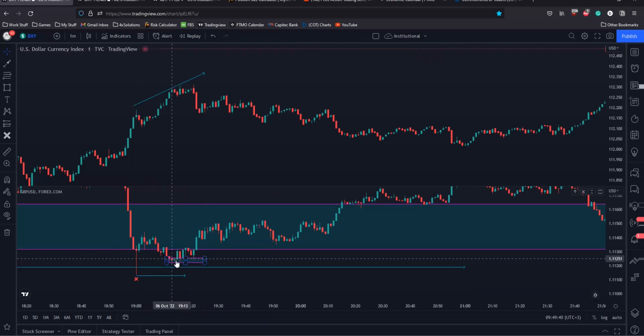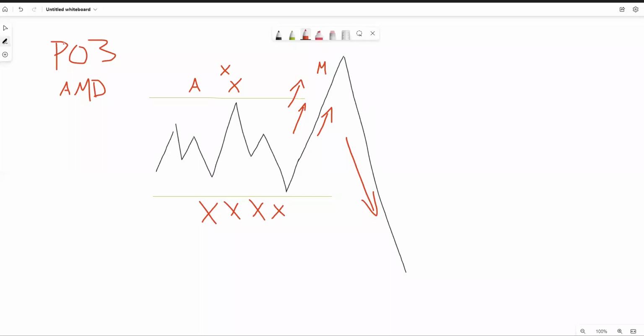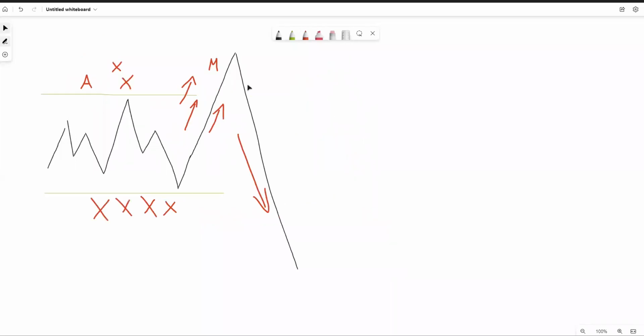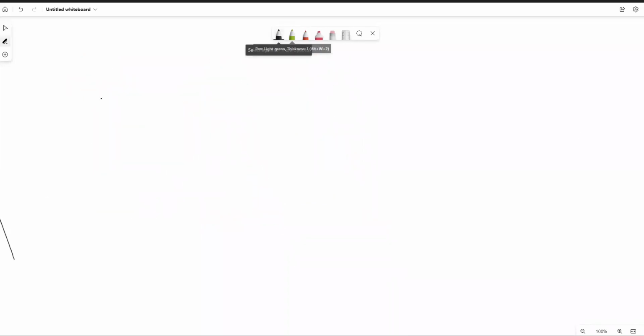Okay. So remember that SMT, think of it like this. Let's just do it in reverse because that's a buy one over here. So when GU made a low here, it traded higher and then it was trading lower, but at the same time the dollar index made a high and then made another high over here.